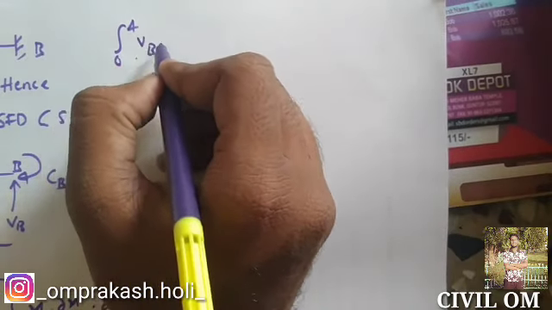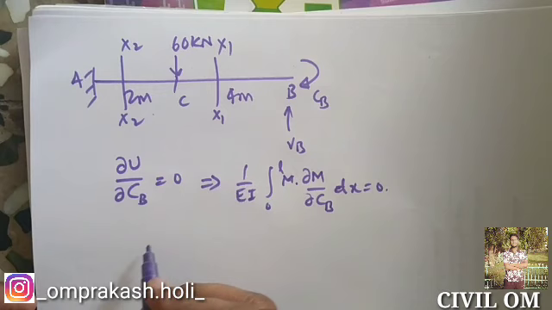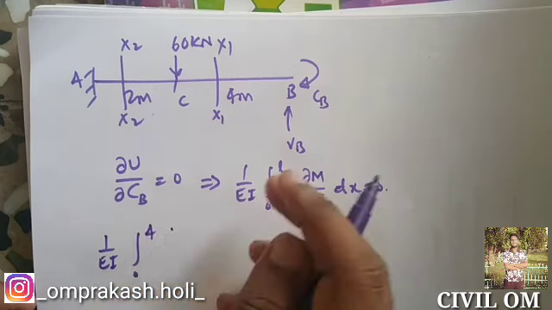Now let us consider the diagram once again. So we need to do it for CB now. So ∂U/∂CB is equal to 0, which implies 1/EI integration from 0 to L of M · ∂M/∂CB dx is equal to 0. We'll simplify the equation by writing all the terms. 1/EI integration from 0 to 4, first portion is BC considering B as origin.